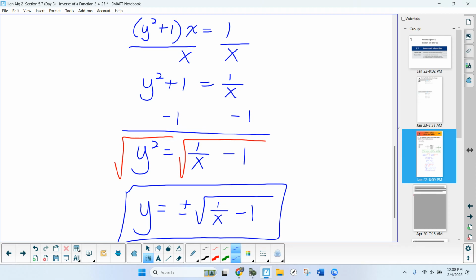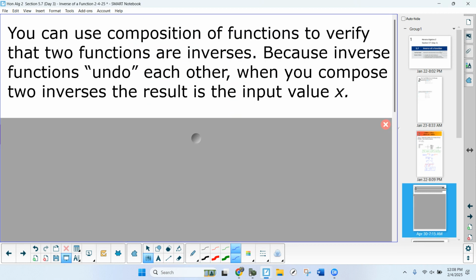Because yesterday you did the same thing. Determine if it's a function. They all were functions last night. Find the inverse. So you would change this to f negative 1 of x. This one's not a function, so you can't change it to f negative 1 of x. Okay? Questions here? We all good? All right, next part.